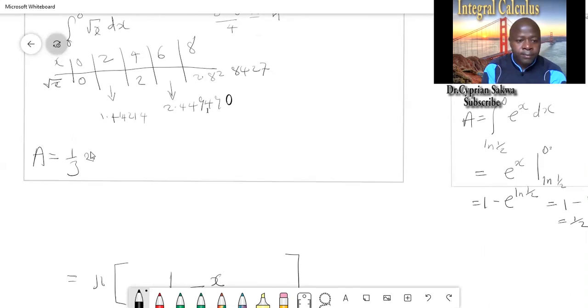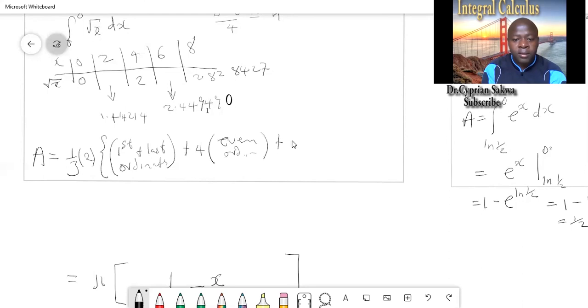Our width is 2, multiplied by the first ordinate plus the last ordinate, first plus last ordinates, then plus 4 multiplied by the even ordinates, then plus 2 multiplied by the remaining odd ordinates.